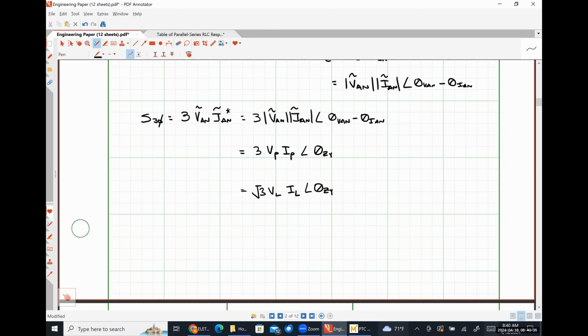Well, ZW is the impedance of the transmission line. We're looking at the power absorbed by the load, which is the ZY, or here in a moment, we're going to be looking at Z deltas. Realistically, we usually don't care about the voltage drop across the transmission line.